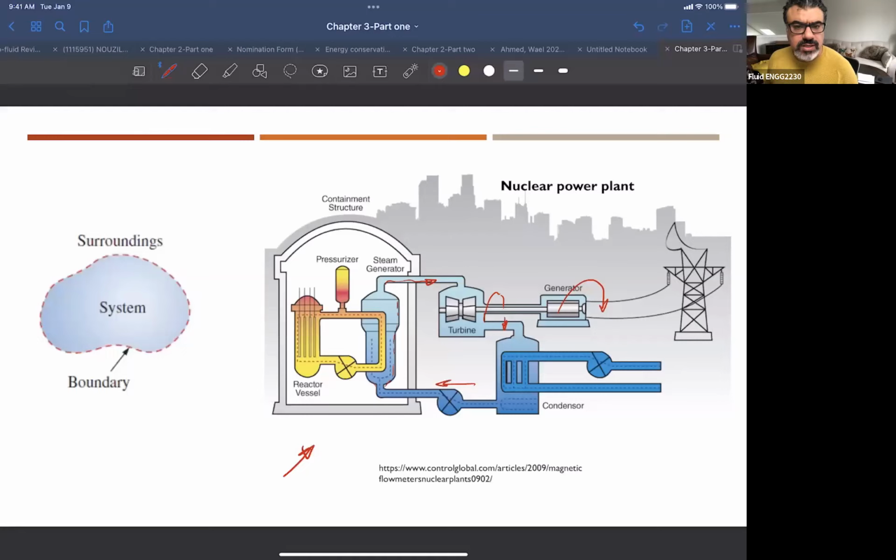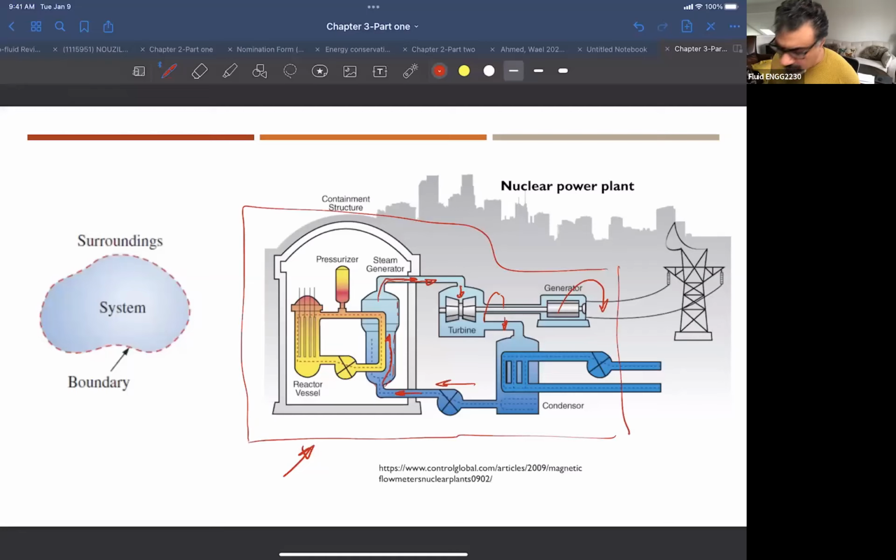So you can imagine that most engineering systems consist of multiple pieces of equipment and multiple components, and in between these components you might see fluid flowing in this system. Okay, so there are 2 ways of looking at this system. Either you look at the system as an overall, like the whole plant, right?